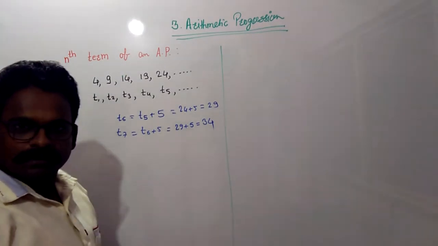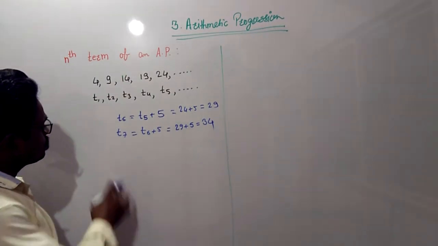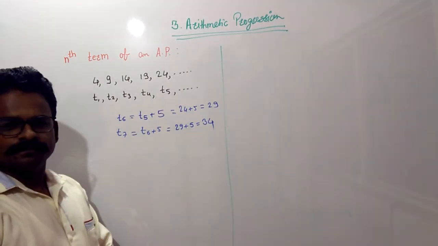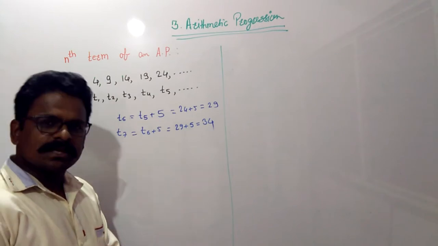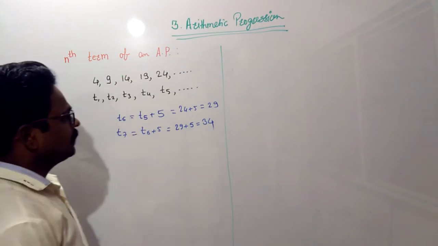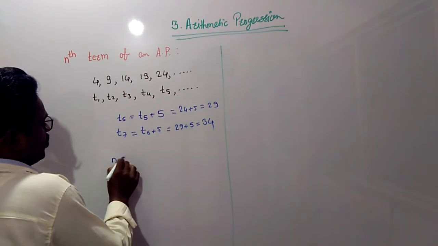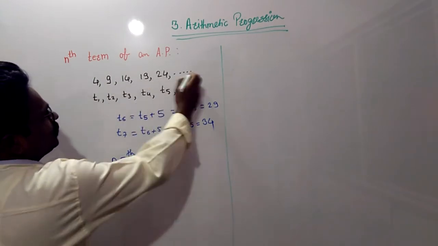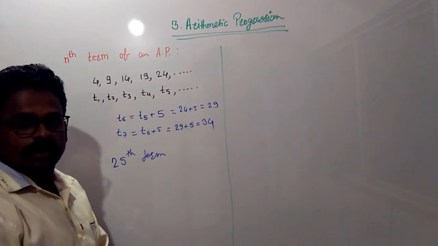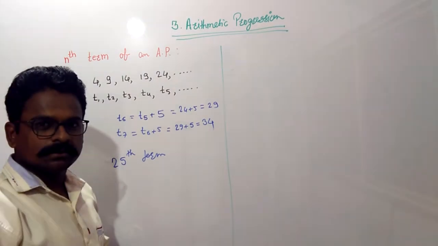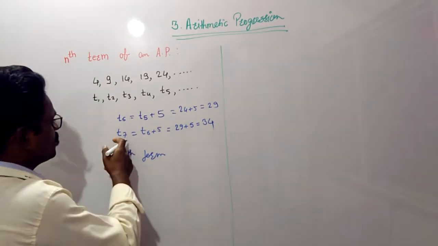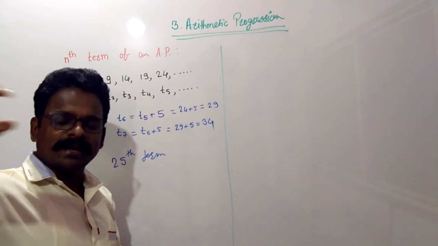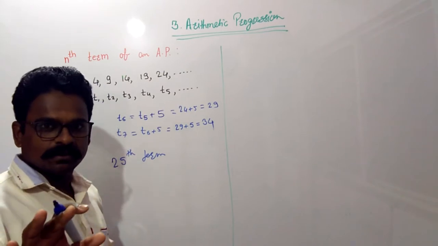Okay, no problem. Now see, this becomes much easier now. If I ask you, tell me the 25th term of the given arithmetic progression. The 25th term directly, not in this way, T7, T8, 9, 10, 11, 12, 13, 14, 15 and so on, not in that way.